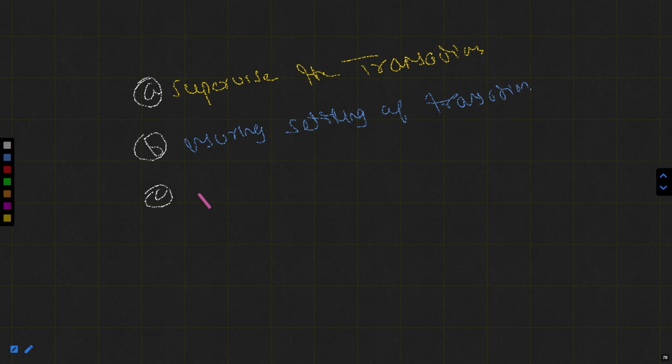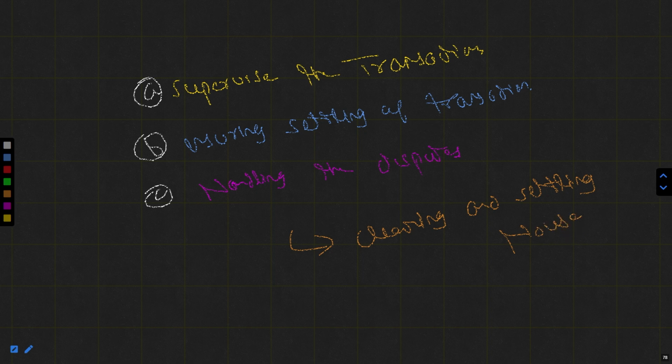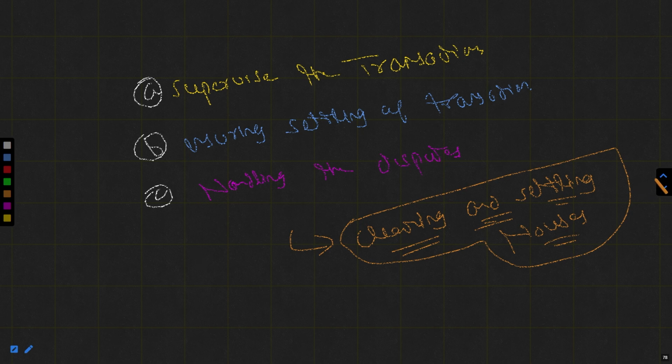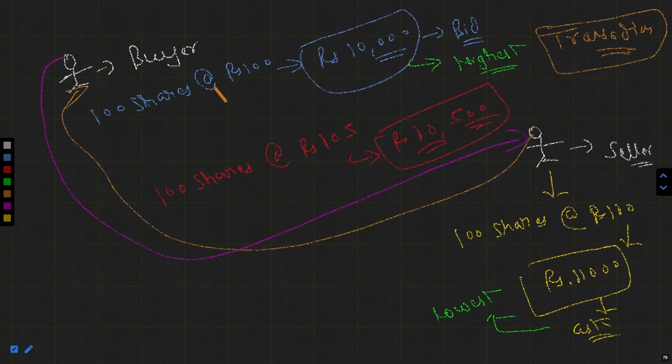The third is handling the disputes. Who will do this? For this, we have the clearing and settling houses. These clearing and settling houses are the responsible organizations which will ensure that the amount will be received by the seller and the shares will be received by the buyer.